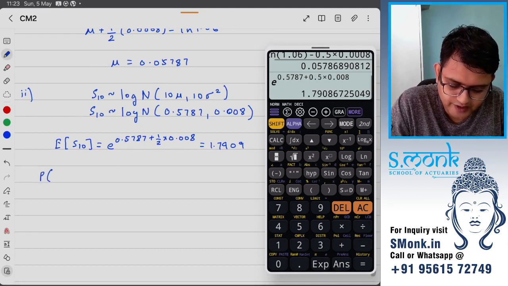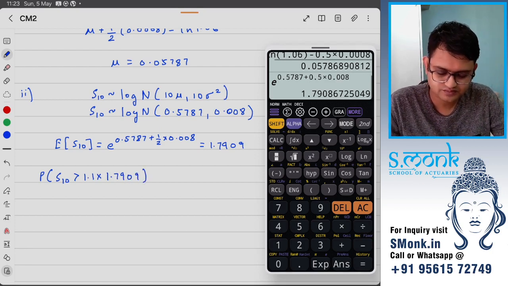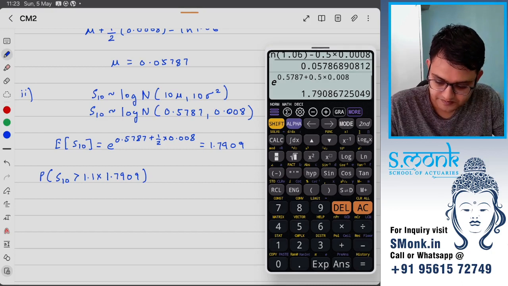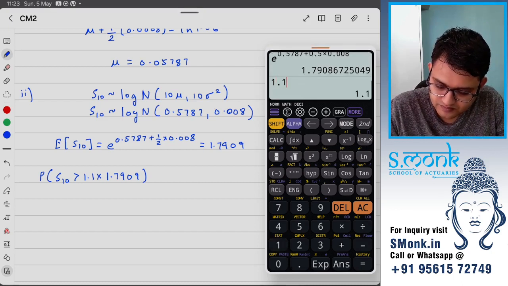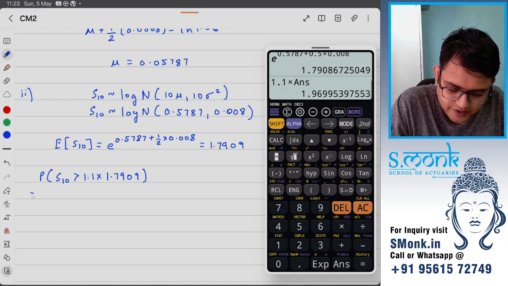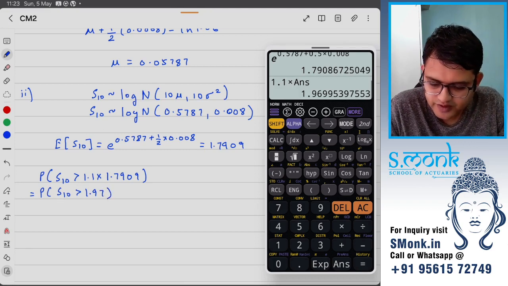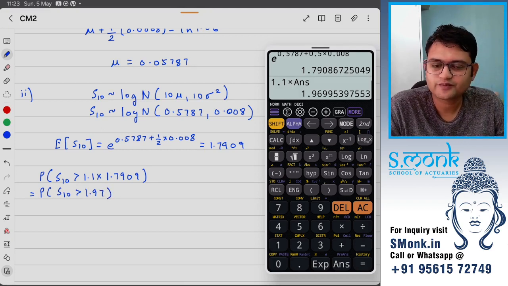So we want the probability that S10 is greater than 1.1 times 1.7909, so greater than 1.9699, or I'll just say we'll round it up to 1.97.